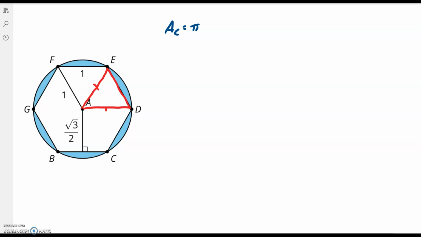So now let's find the area of one of these triangles. I am going to look at this triangle down here on the bottom, and I want to find the area of that red triangle. The area of a triangle is equal to the length of the base times the height, all divided by 2.